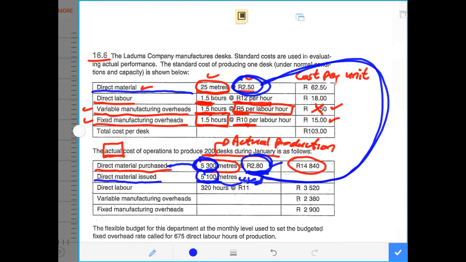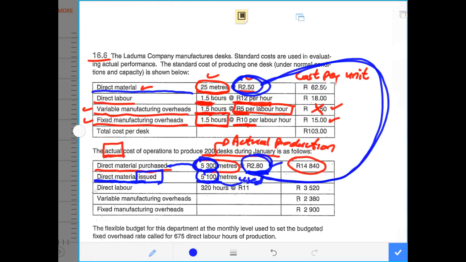And all this becomes very important when we do our variance, because we need to split between the material purchased and the material that was used. As I said, material issued to production means we made use of the material by converting it into the desks that this company manufactures.